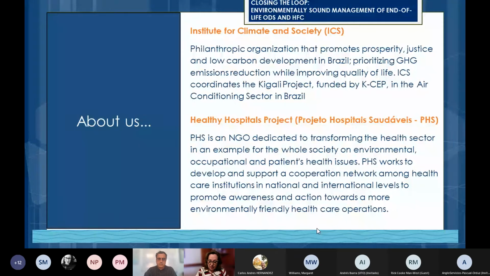The Institute works with a team of experts and many partners. One of them is with us today. That's Mr. Vital Ribeiro from the Healthy Hospitals Project, which is dedicated to transform the health sector and promote awareness and actions towards more environmentally friendly healthcare operations.